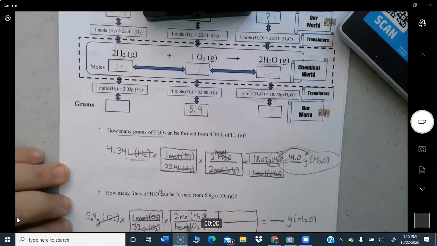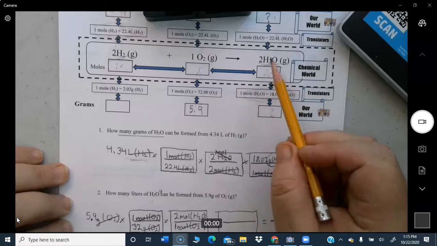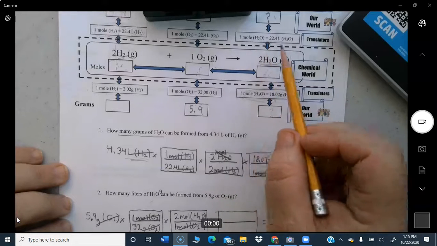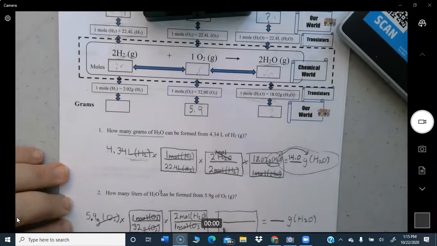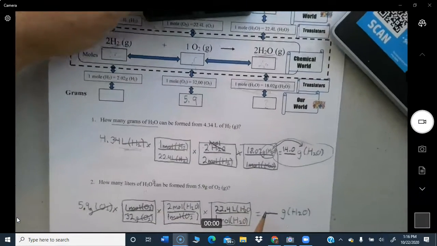Moles of O2 cancels. And now we need to get from moles of H2O to liters, so we use this conversion right here. We need moles on the bottom, and we need the 22.4 liters on the top. Okay, so let me get this on screen better here.